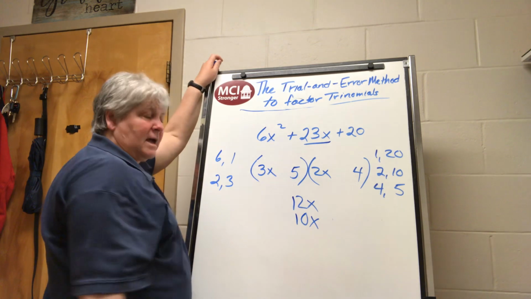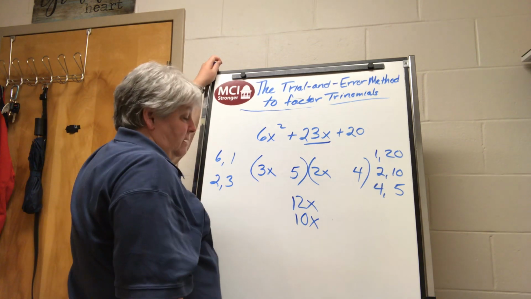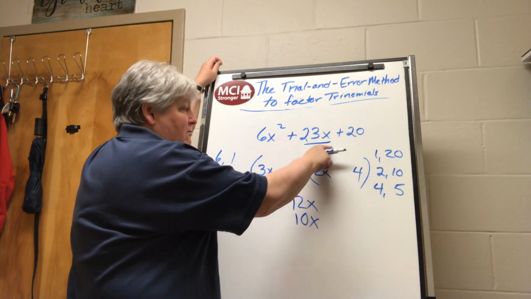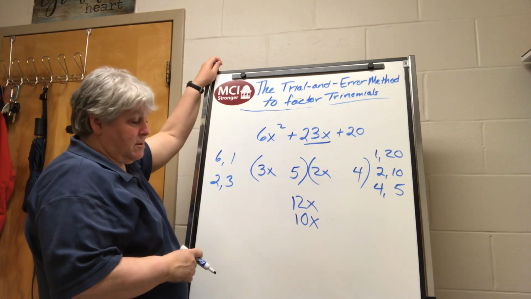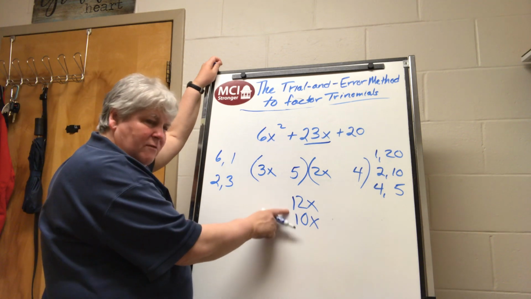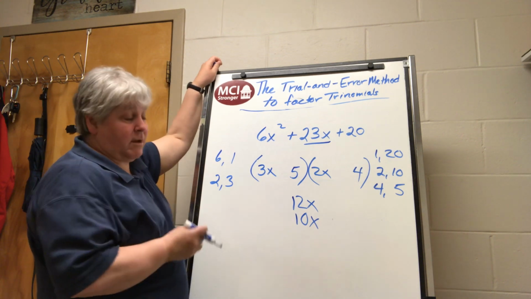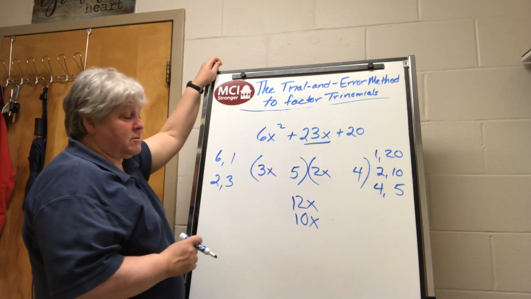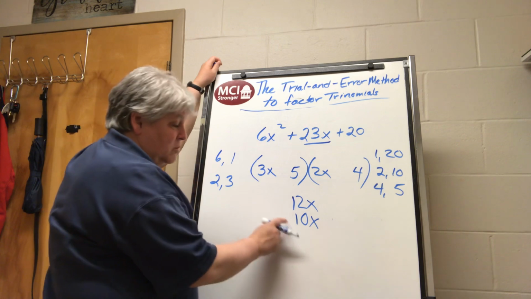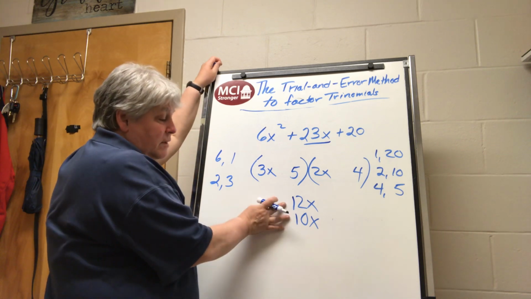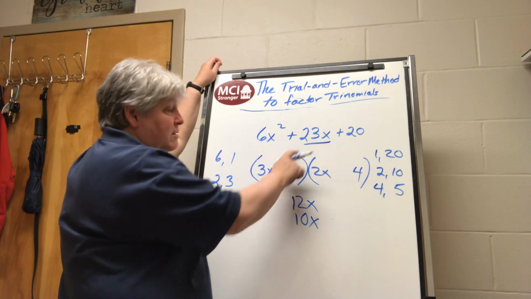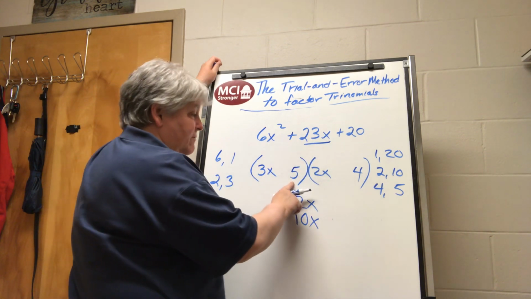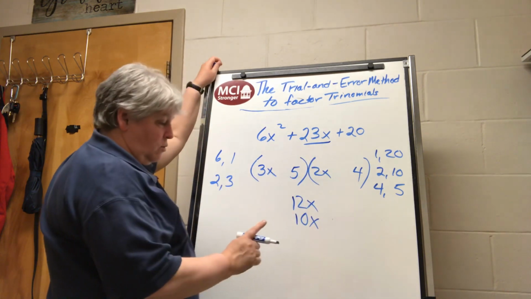If I have my way about signs, and this is where your calculator can be handy, if I can make these any signs I want, will that give me a positive 23x? Well, if I added a 12 and a 10, that's 22x, which is not a 23x, even though it's close. If one of them was negative and one was positive, it would either give us a 2x or a negative 2x, and that's not a 23x. So putting the 5 here and the 4 there didn't work.